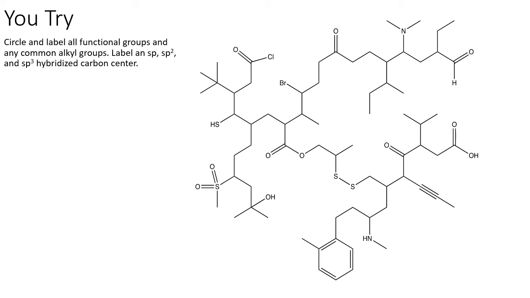So starting in the upper left-hand corner, this arrangement of atoms where we have a carbonyl with a halogen on it. The halogen happens to be chloride. This is called an acid chloride. Working just below that, we've got sulfur bonded to hydrogen.